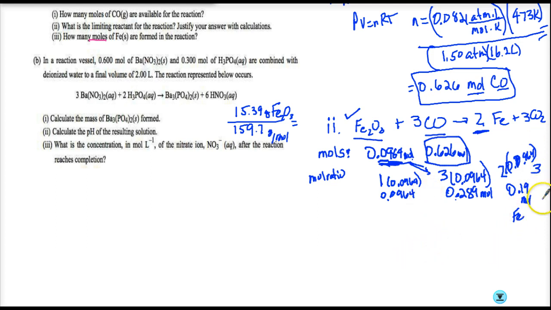And so I could do the same thing and figure out what the 3 is. Well, guess what? Here's a 3 times that amount. I'm going to get 0.289 moles of the carbon dioxide made as well. Okay? Since this is the one and it's my limiting reactant, I didn't have to do anything different. This is my 1.